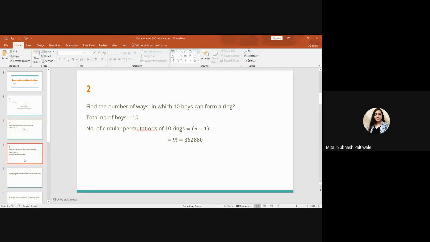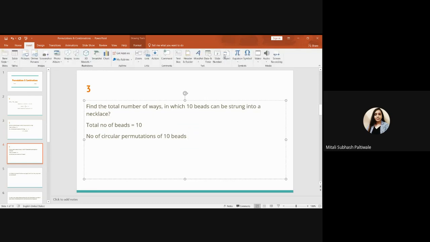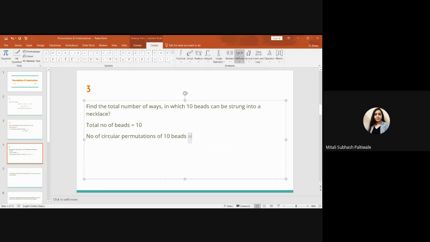Now here, 10 beads. Let me insert an equation to make sure you understand this. This would become (n minus 1) factorial by 2.